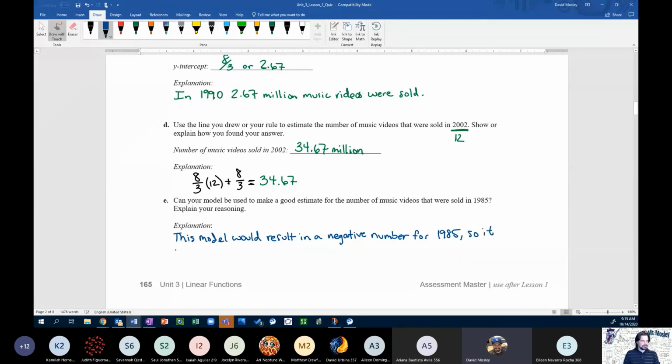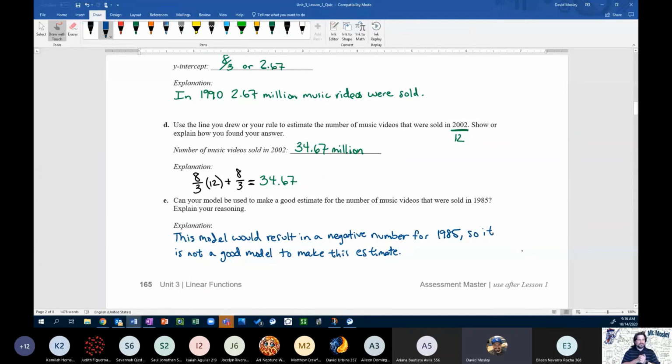It is not a good model to make this estimate.